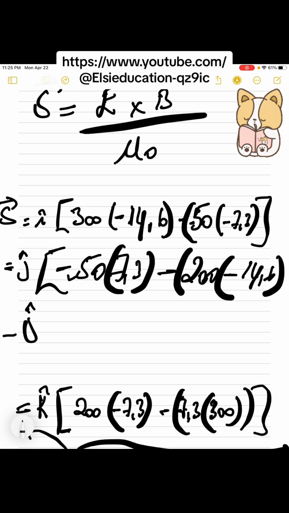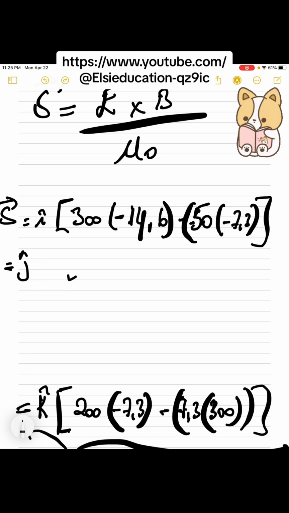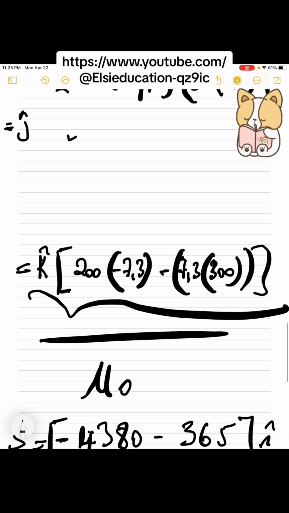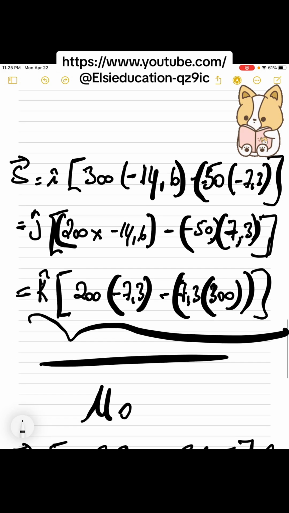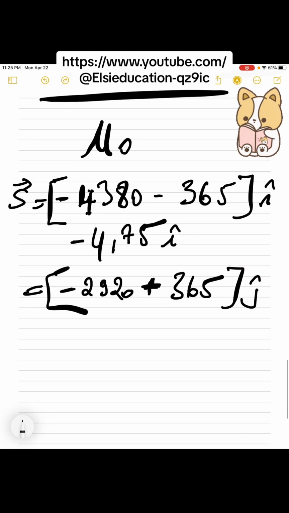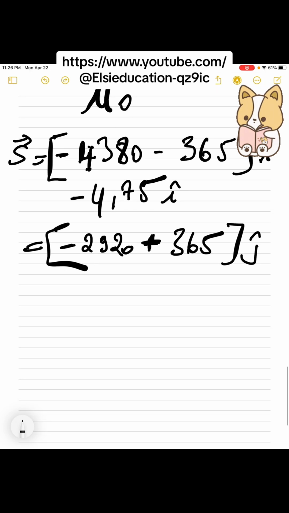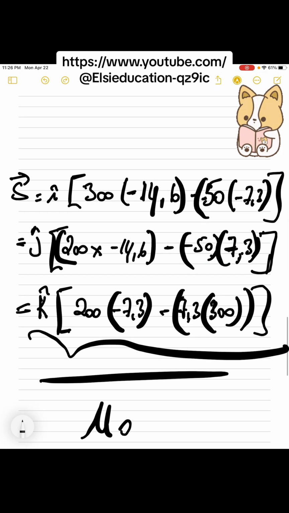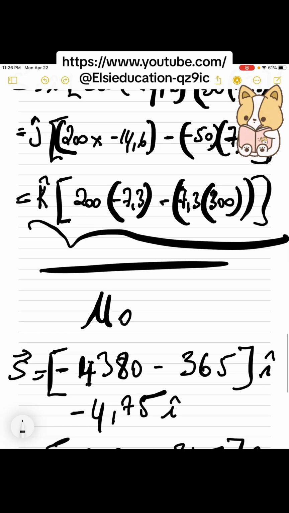200. Yeah, hold on. Here we go. Let's start here. Minus 40. Okay. Minus 365 plus, so plus 365.